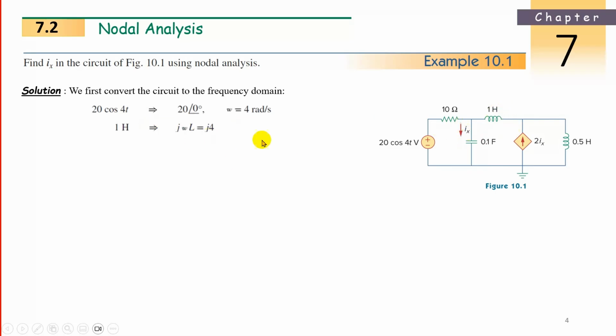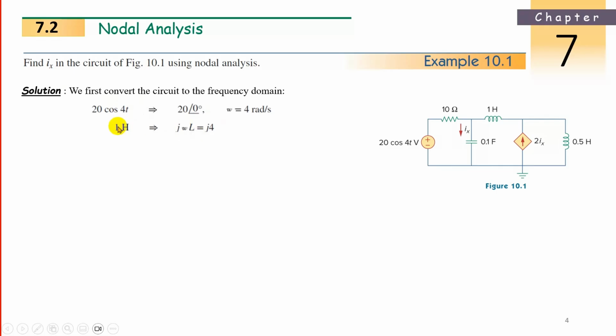Inductance is nothing but j omega L. Capacitance converted into the frequency domain is nothing but 1 by j omega C. These two you have to remember. C is 1 by j omega C, L is j omega L. So omega we already have, L we have, then multiply. That is omega L. Omega is 4, coming from the equation 20 cos 4t.